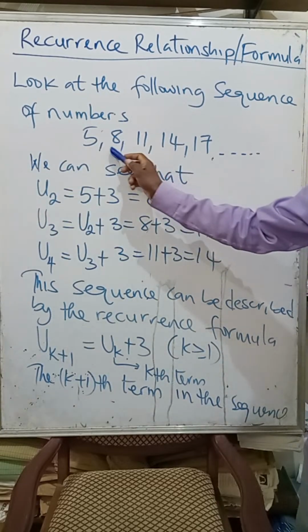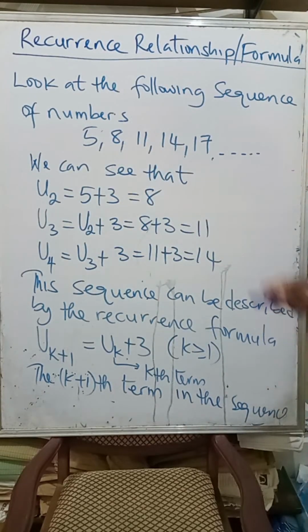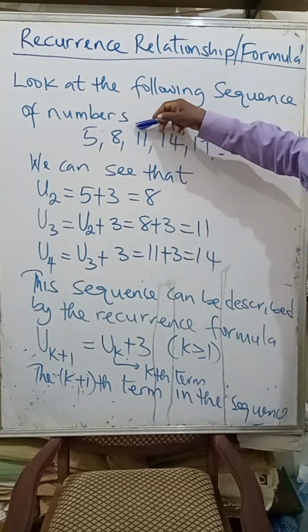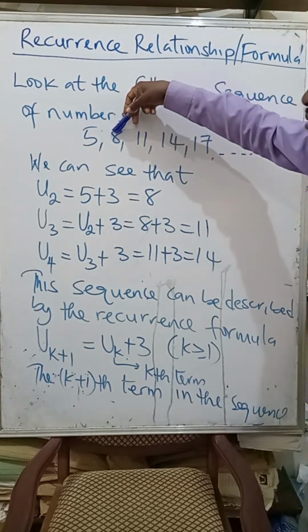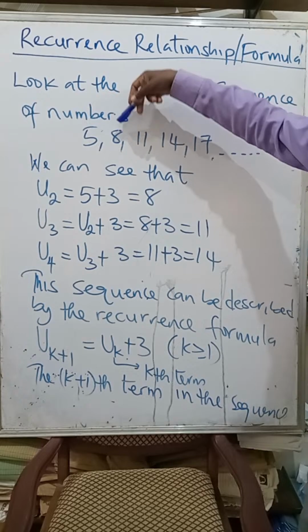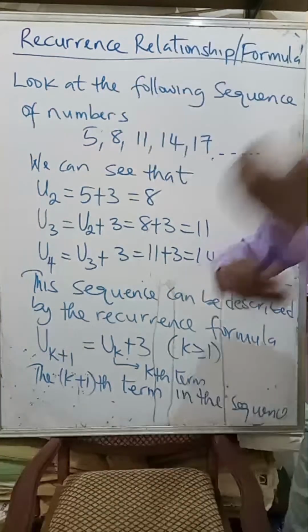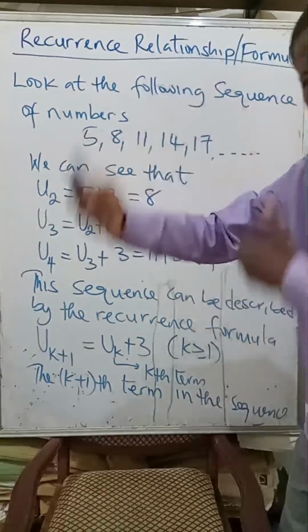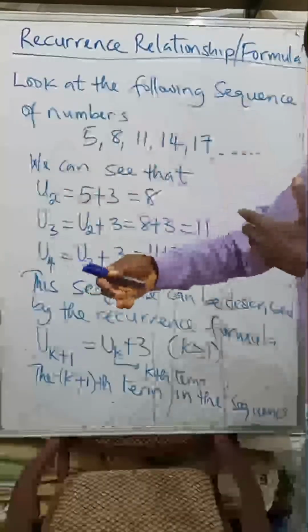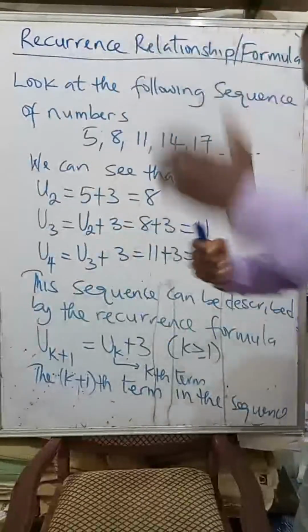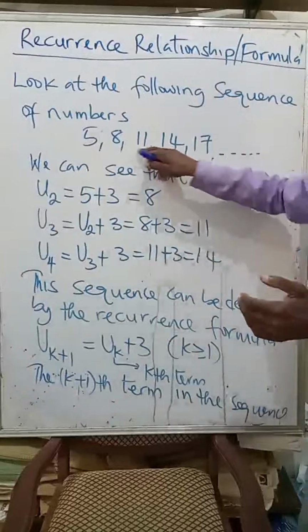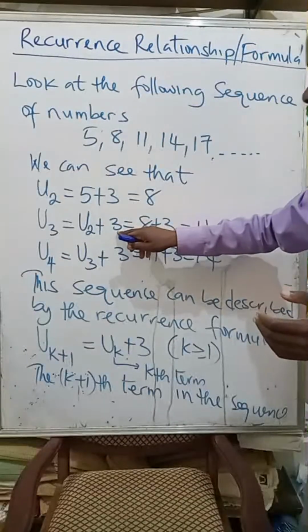That will give you the second term. To get U3, U subscript 3, it is going to be the previous number, U2, plus what? The constant, plus 3.